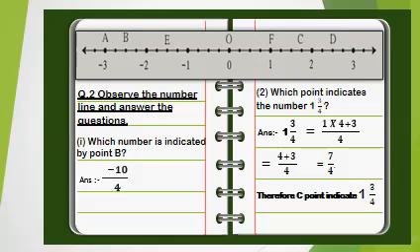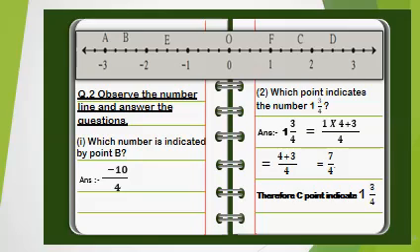So after 0, we will start counting till where B is written. After 0, 1, 2, 3, 4, 5, 6, 7, 8, 9, 10. We have got our answer as 10, -10.